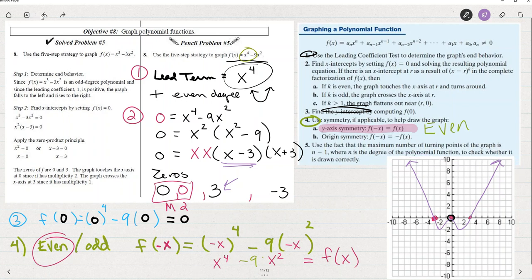So it looks a little bit like a W, and that's it. That's going to be sufficient for the graph. We won't need to get more specific than that. Though eventually you could get to where you find how low these points go and maybe a few other points to get a more precise picture of what these pieces look like. But for now, it would be sufficient to have what we see here with the purple sketch.